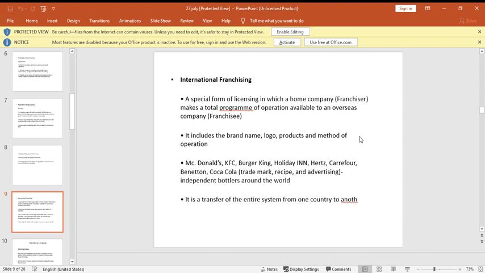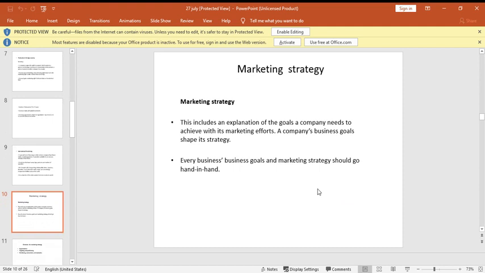For example, McDonald's, KFC, etc. It is the transfer of the entire system from one country to another.